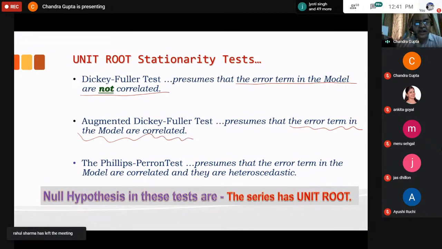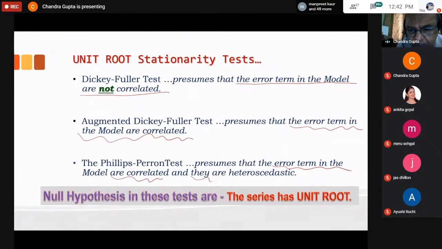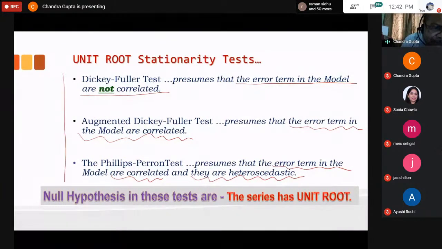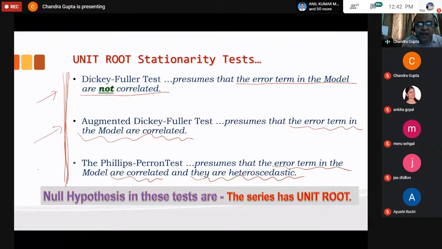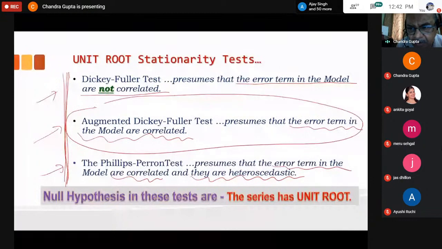There may be some autocorrelation. On the other hand, the Phillips-Perron test presumes that error terms are correlated as well as heteroscedastic. So friends, depending upon the behavior of the time series data, you have to apply a suitable test. The most widely used test is the augmented Dickey-Fuller test, popularly called the ADF test.